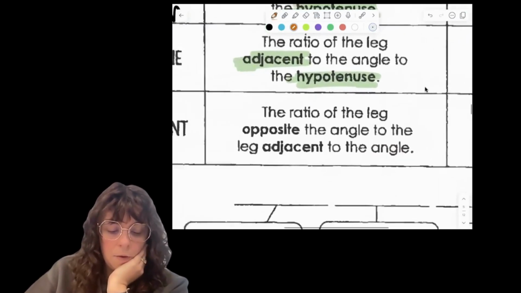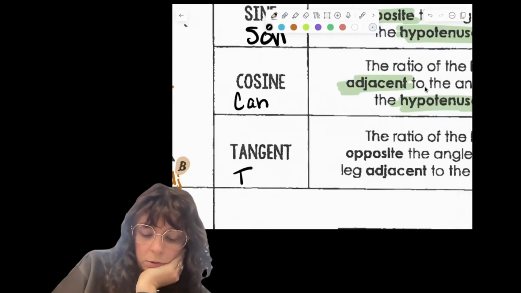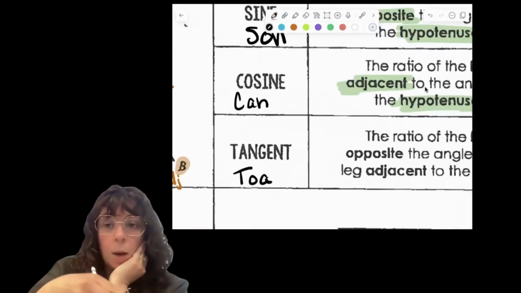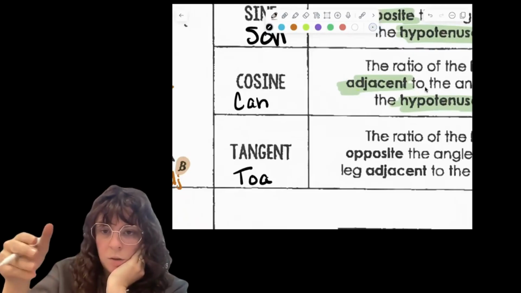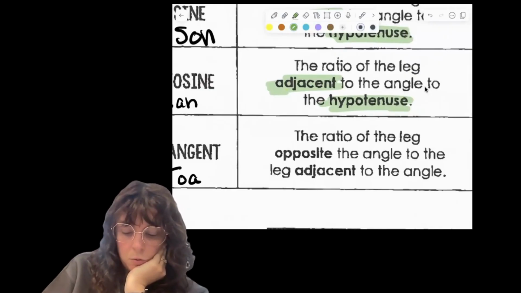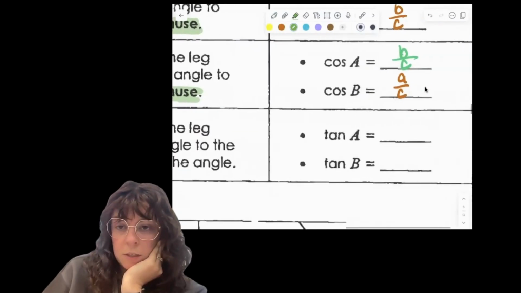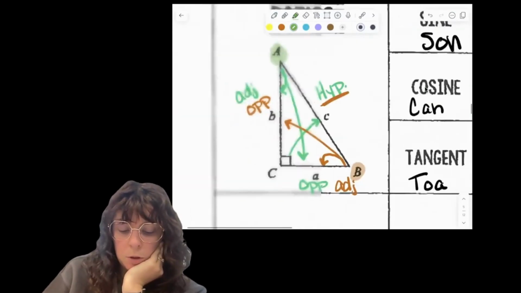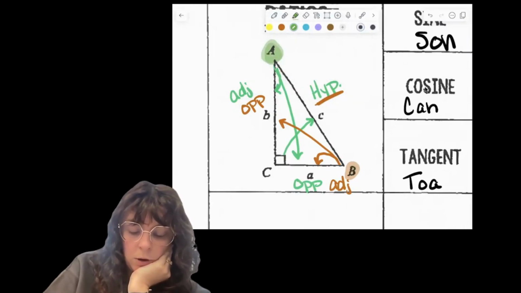Then we have tangent, our TOA, because it is the opposite over the adjacent. So for the tangent of A, we look at angle A, which is here.